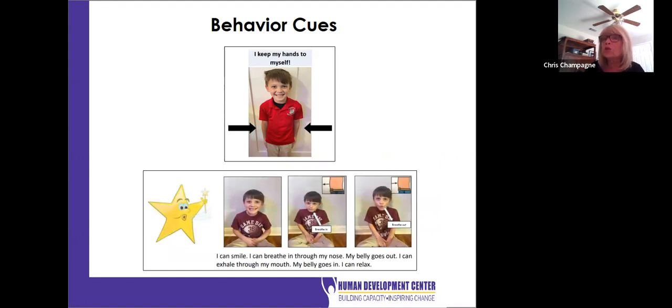This is using pictures of the individual themselves to show them what it looks like when they're doing the expected behavior. And in this case, it's keeping hands to self. So there's an exemplar. And then on the bottom are picture examples of relaxation strategies that the student can use.